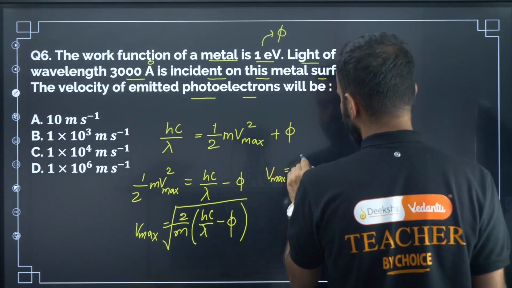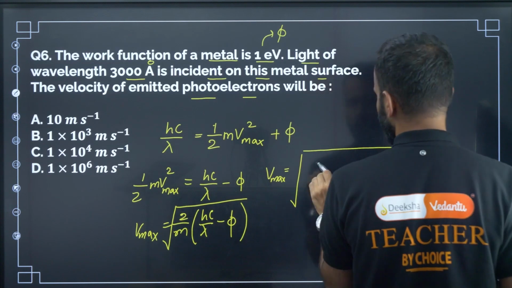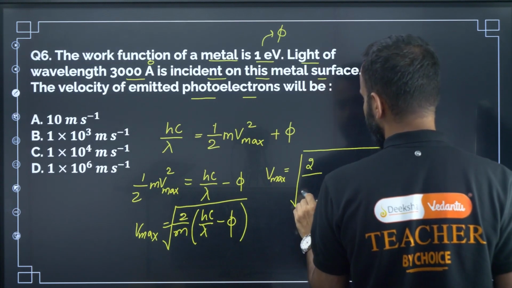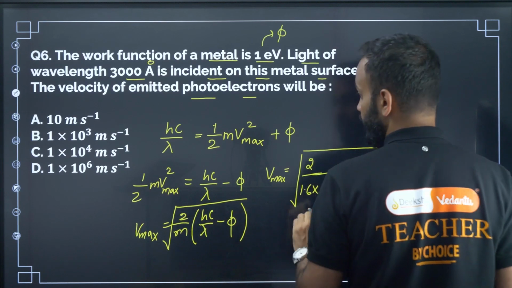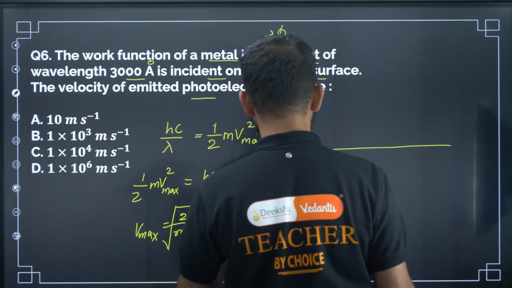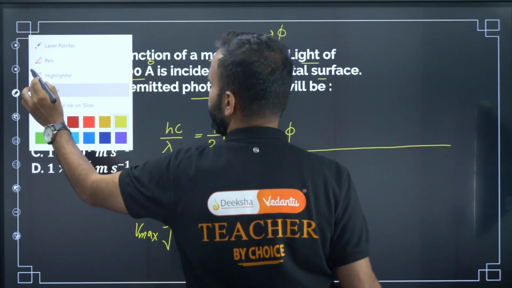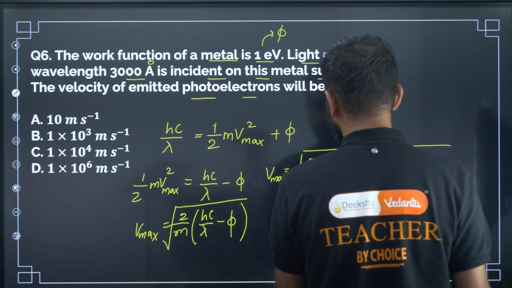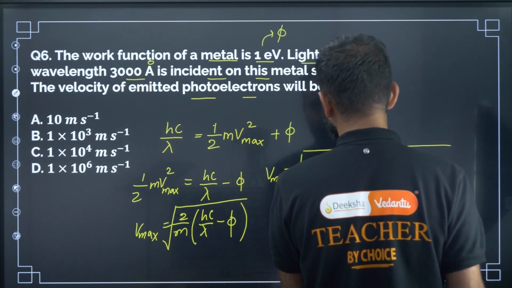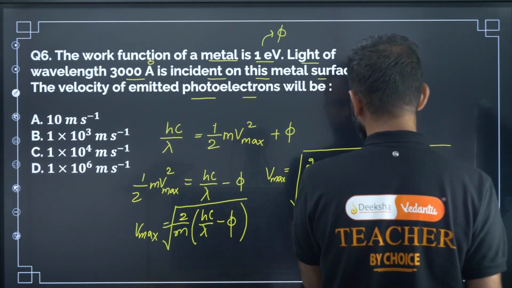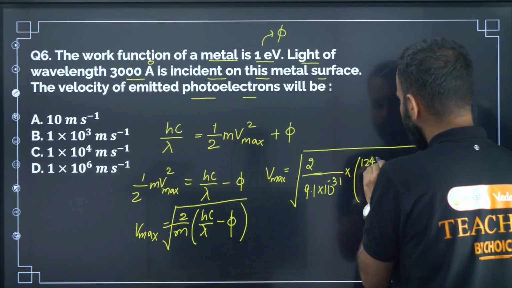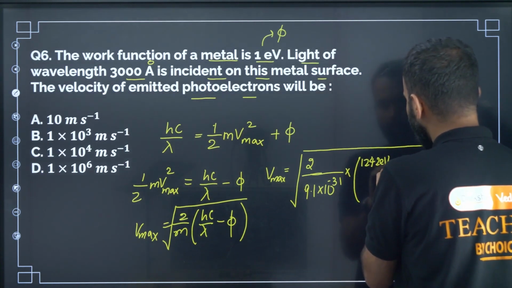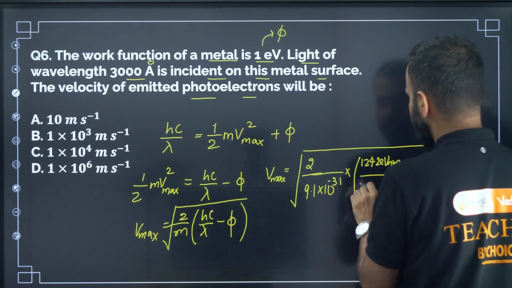Here V max is equal to root of 2 divided by m, where m is 9.1 into 10 to the power minus 31 kg, into Hc by lambda. Hc by lambda is 1242 electron volt nanometer divided by lambda, which is 3000 angstrom.